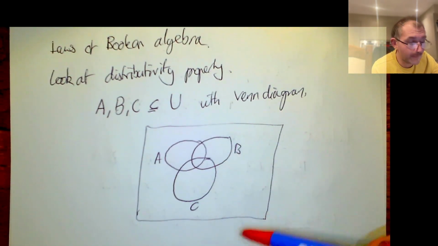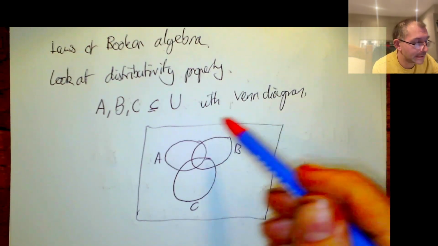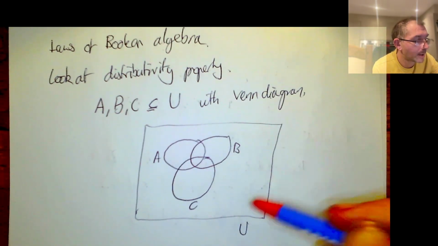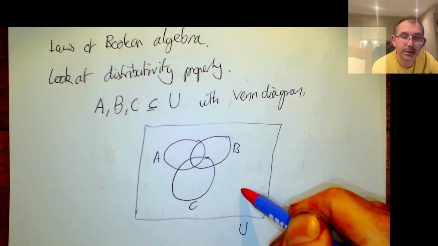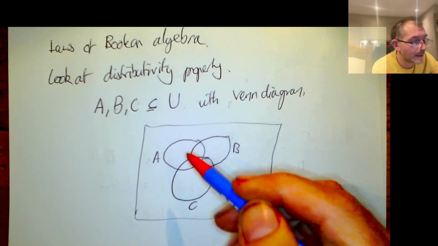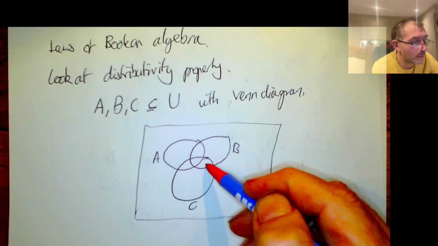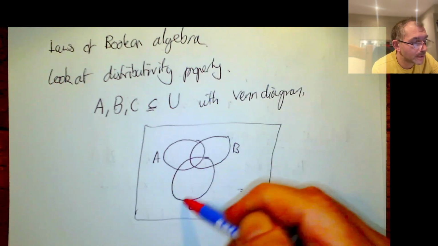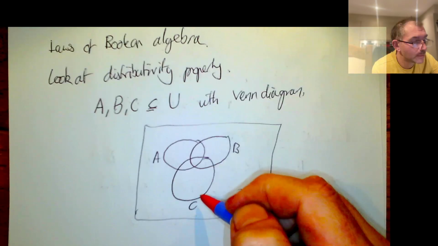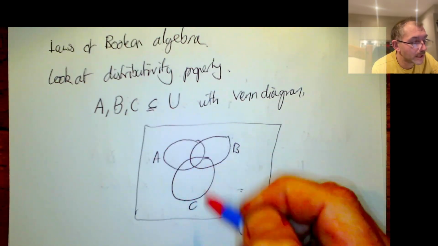There are, in fact, 8 interesting places in this picture. I can have elements that are in nothing at all, so not in A or B or C. I can have elements that are in C, but not in A or B, so just this bit here. I could have elements that are in A and B, so that would be this normal intersection here.